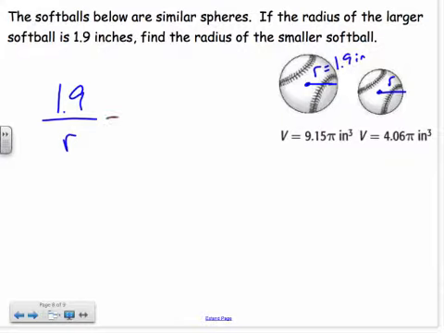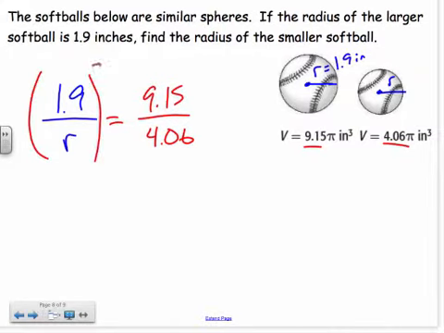Well, I can set that equal to, I have their volumes, correct? So I know that this ratio is equal to these volumes here. But the volumes are equal to the scale factor cubed. That's the key. They're equal to the scale factor cubed. Right? That was what we talked about 2 slides ago.